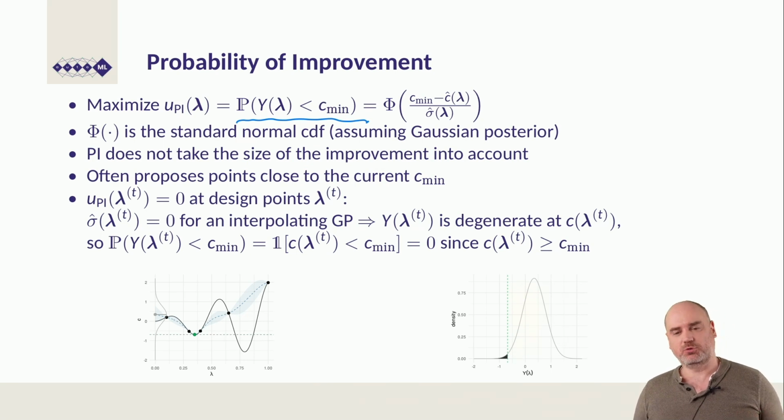How about we now talk about the probability that this cost value at lambda is smaller than c min, and c min is the best value that we've seen in the archive, right? So we want to look at points lambda, points where we haven't evaluated before, where this probability is very high that it's better than the best value we've seen in the archive, right? That seems to be a reasonable approach.